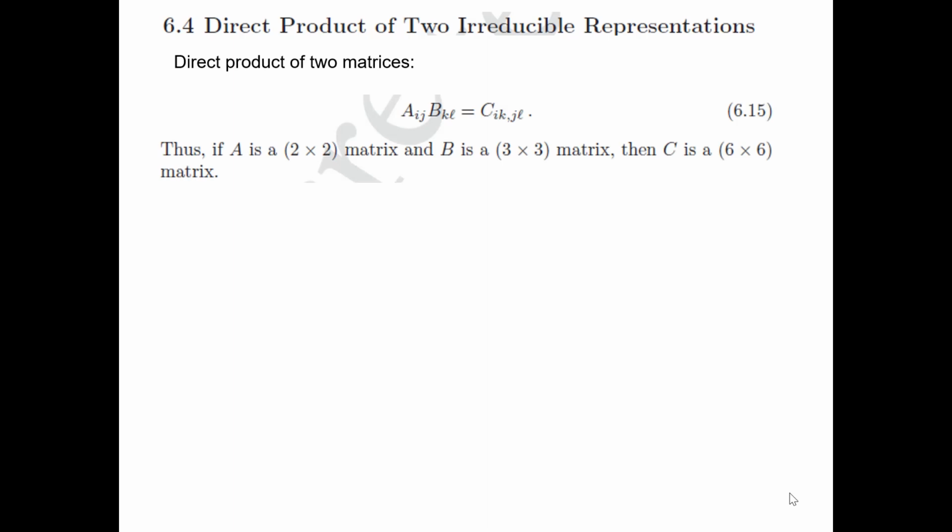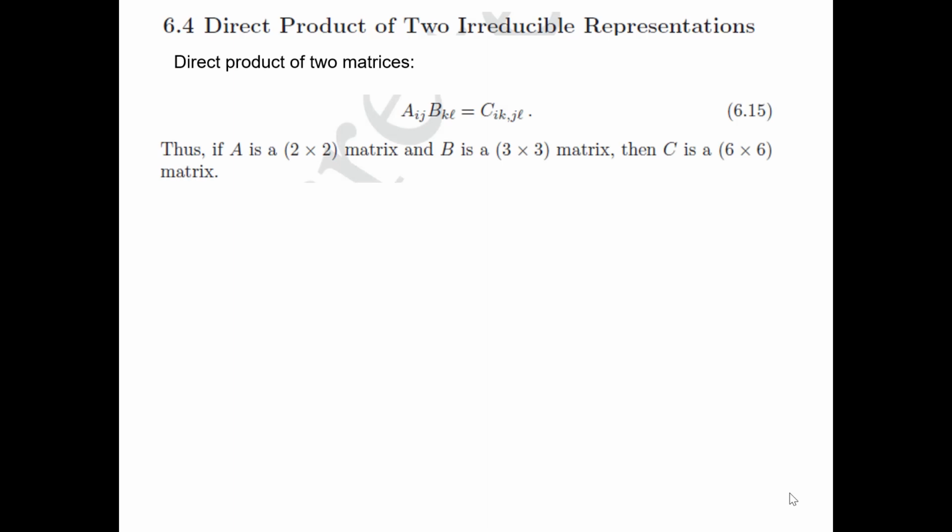the direct product between two different groups, and today we start by discussing the direct product of two irreducible representations of a group. The direct product of two irreducible representations is easy to define because it's simply the direct product of two matrices, which is a very well-known operation from linear algebra.